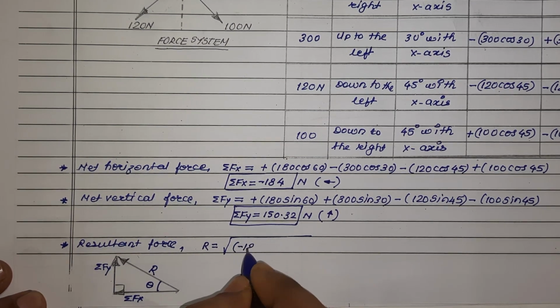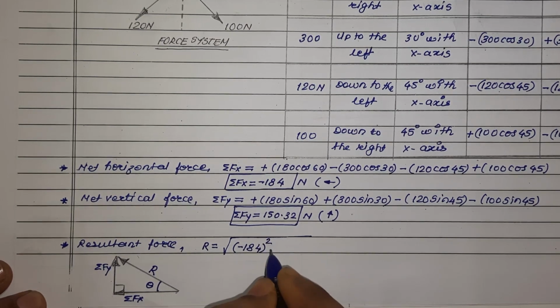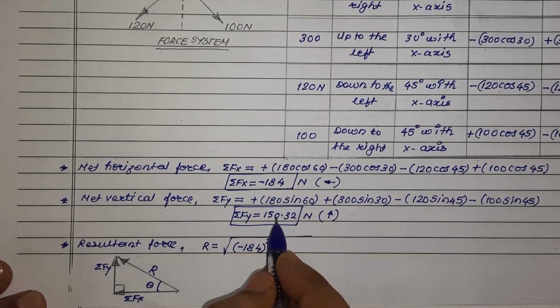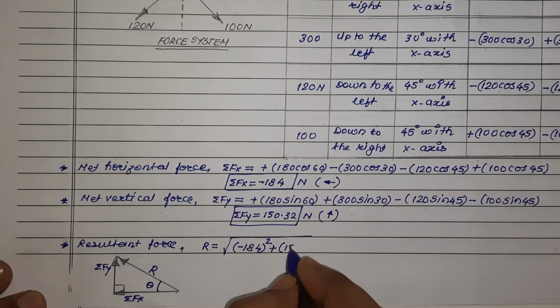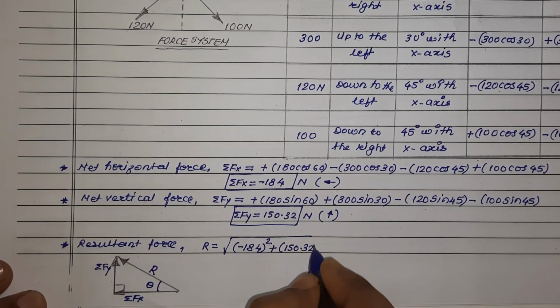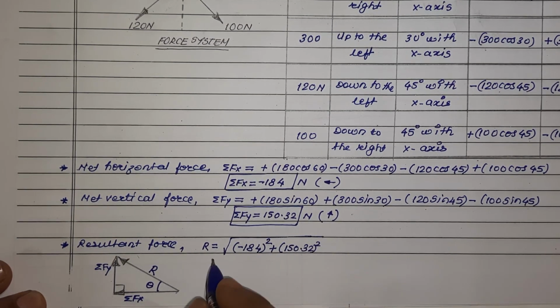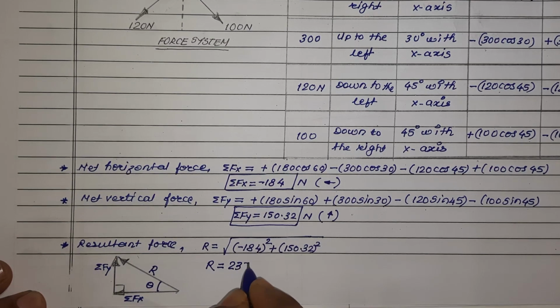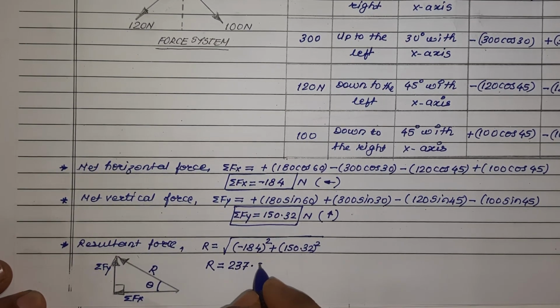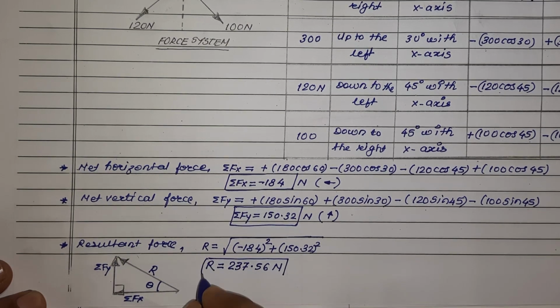It is minus 184 square plus sigma Fy is 150.32 square. Solving this, we will get resultant force R, which comes out to be 237.56 Newton. This is the resultant force.